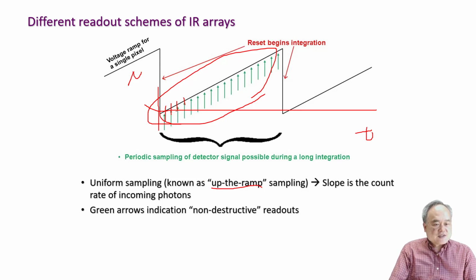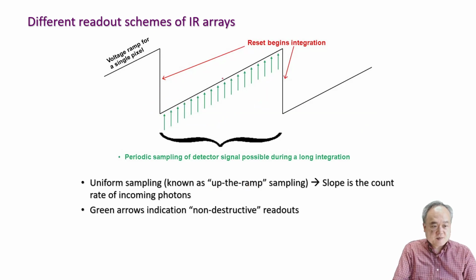This is really good because strange things can happen in the middle. Maybe the electric potential changes due to a sudden power surge or a glitch, or maybe one pixel was hit by a cosmic ray.